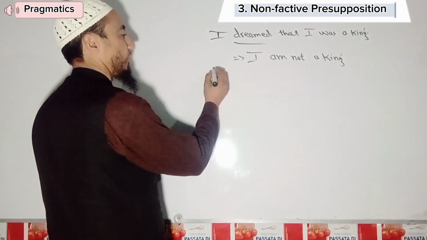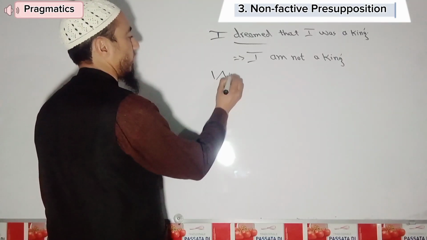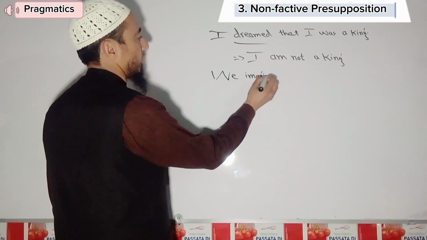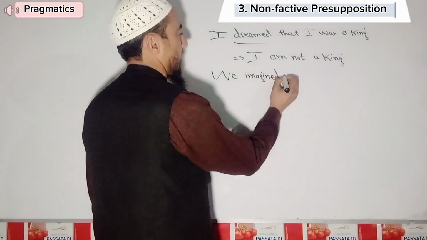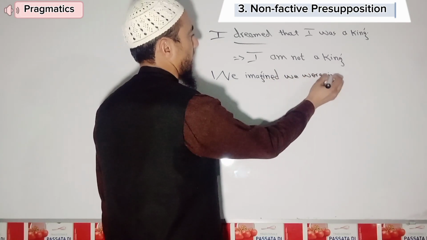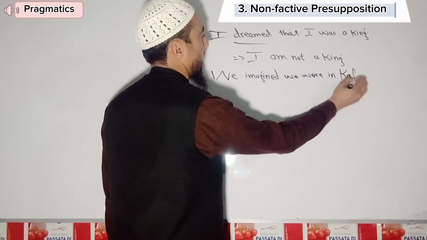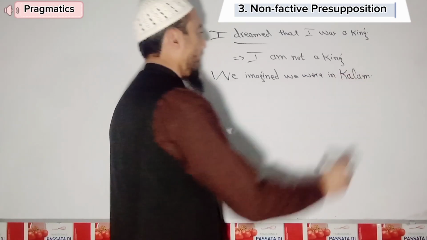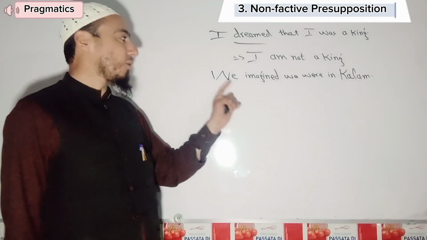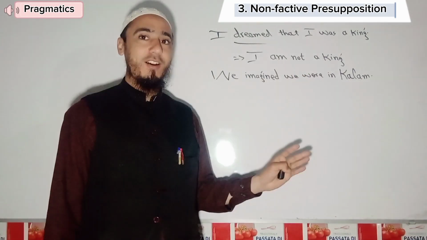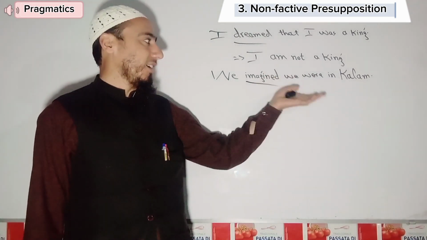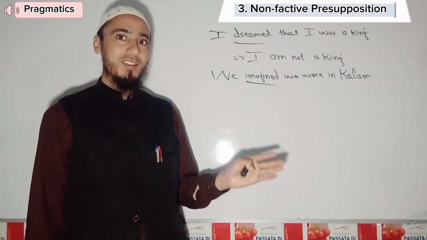Another example is: we imagined we were in Kalam. You know, Kalam is a beautiful place in Swat. So we imagined we were in Kalam. The word imagine indicates that this is not a fact.